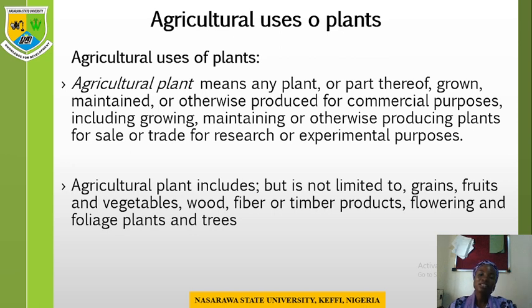Such plants are tagged agricultural plants. Agricultural plants include, but are not limited to, grains, fruits, vegetables, wood, fiber or timber products, flowering and foliage plants, and trees.